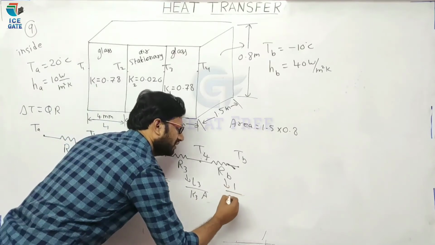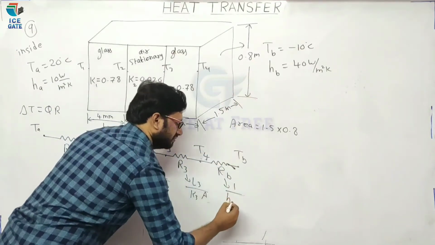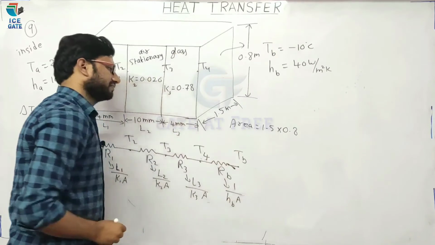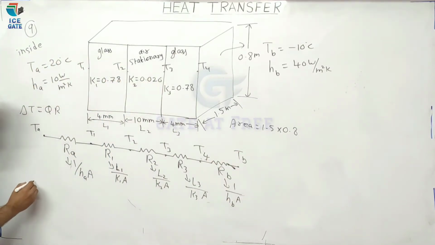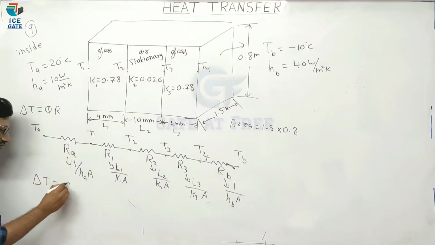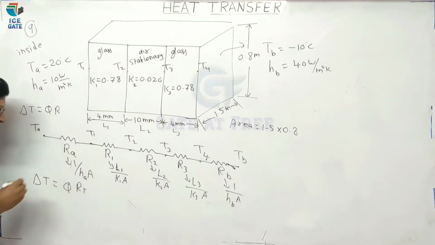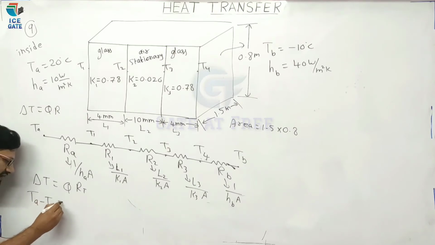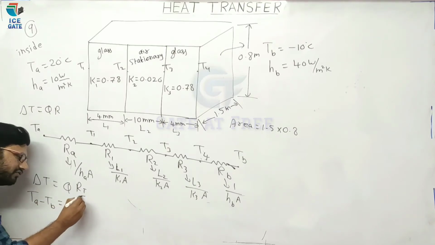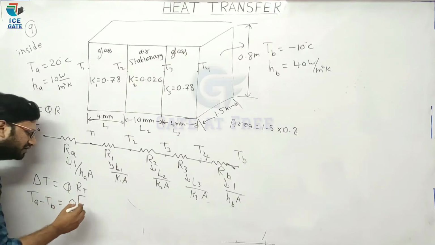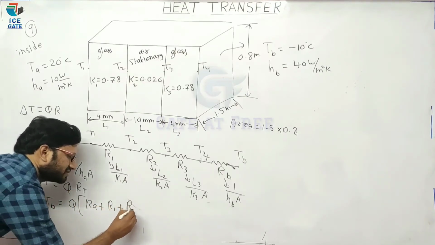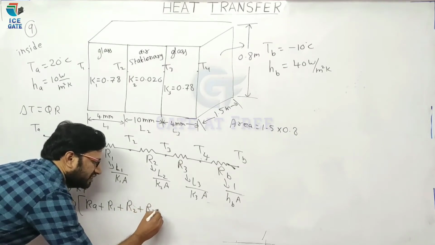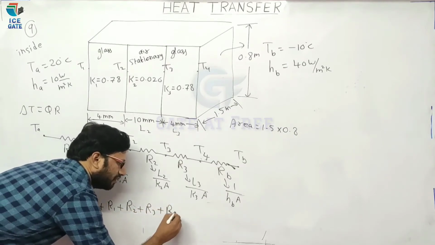Convective resistance formula is 1 divided by H suffix B into A. Now write down delta T equal to Q into total resistance. Now what is delta T? TA minus TB is equal to Q. We have to find out RT. What is RT? RA plus R1 plus R2 plus R3 plus RB.